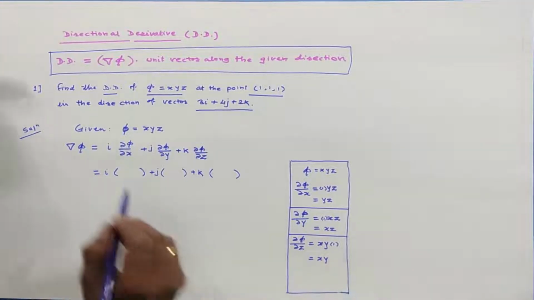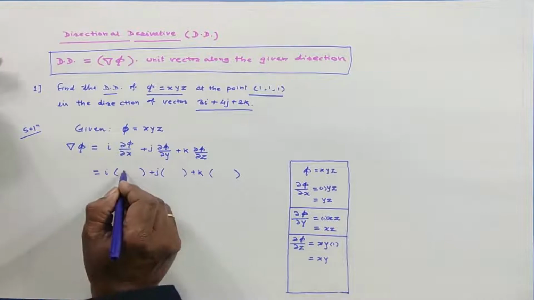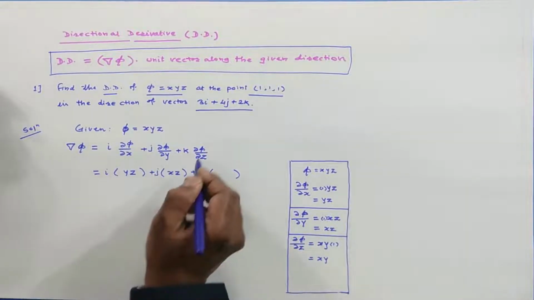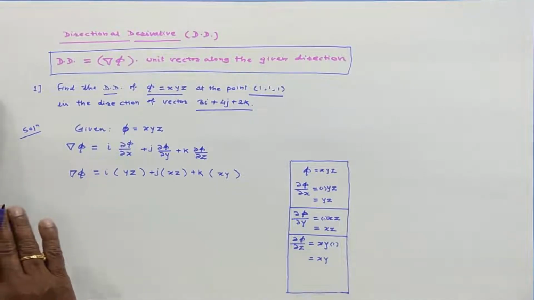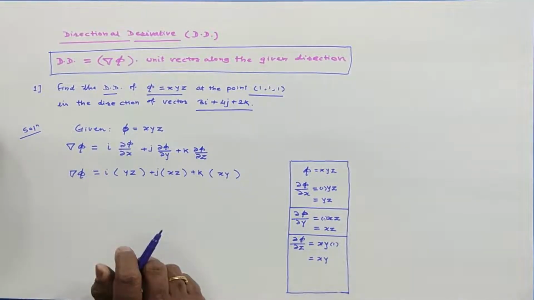Is it? Del phi by del x is yz, del phi by del y is xz, del phi by del z is xy. So this is the gradient of phi at any point of the surface.